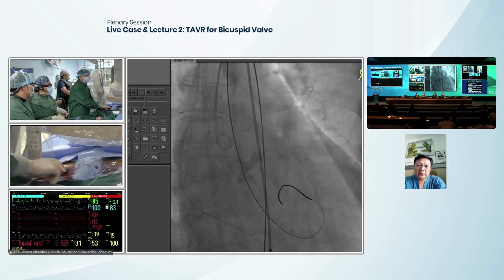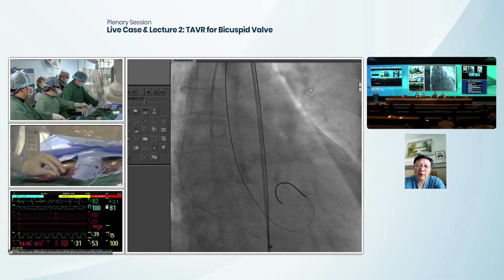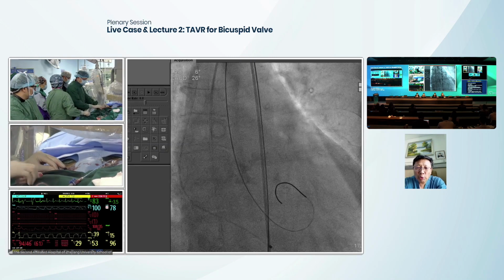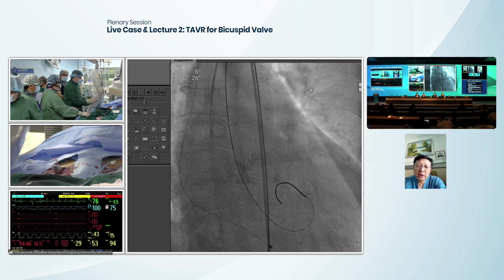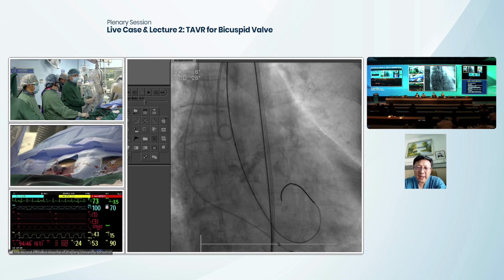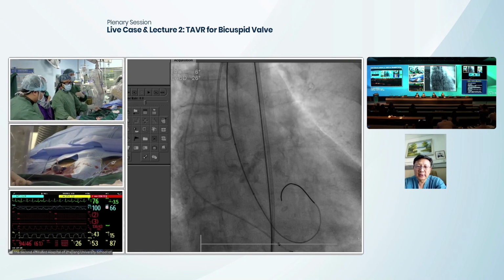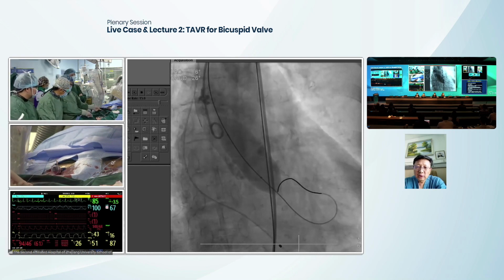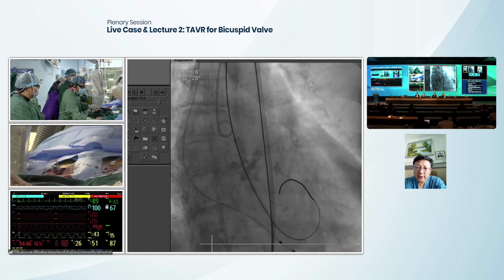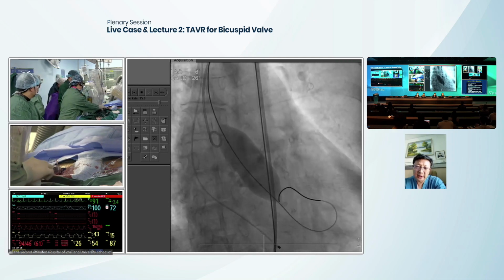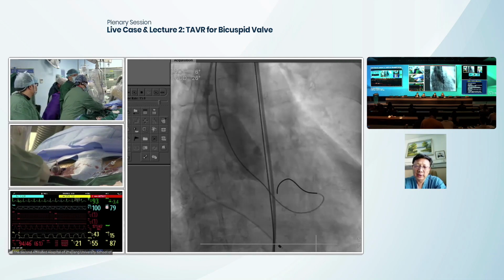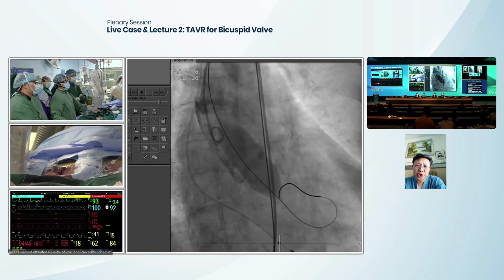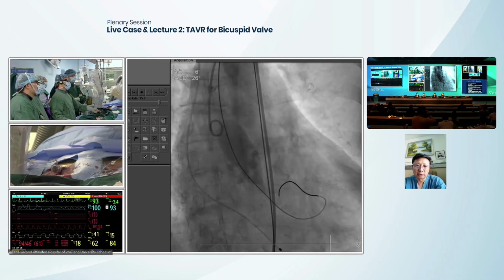Professor Wang, maybe one question for you. Because this is the bicuspid, maybe you can use the biplane to check whether the balloon is totally open or not.